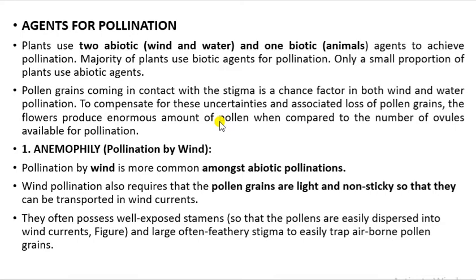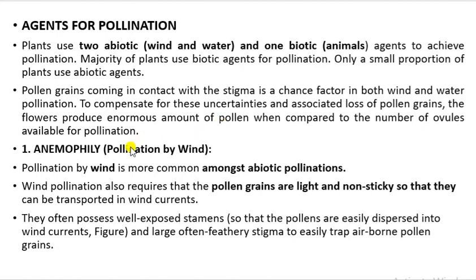Many pollen grains are lost and may not reach the stigma surface, which is why a large number of pollen grains are formed. So out of the large number of pollen grains, a few may reach the surface of the stigma.